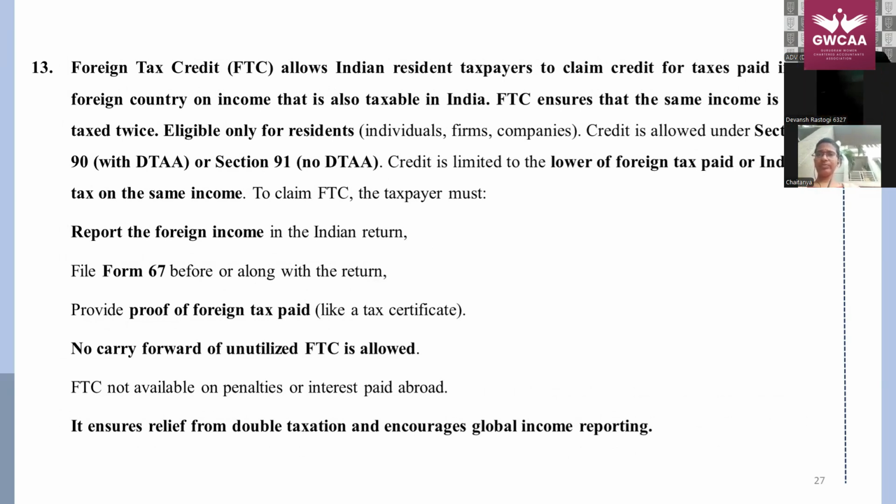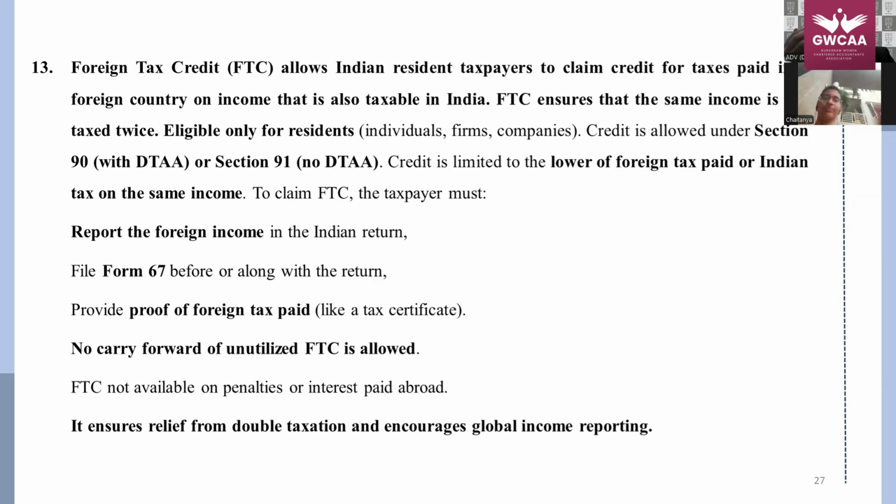So what I have mentioned in section 90 and 91, any Indian, so this foreign tax credit is for Indian resident, and you can claim the credit by showing tax residency certificate, and you have to file form 67 to avail the benefit of foreign tax credit. Friends, we are running short of time.